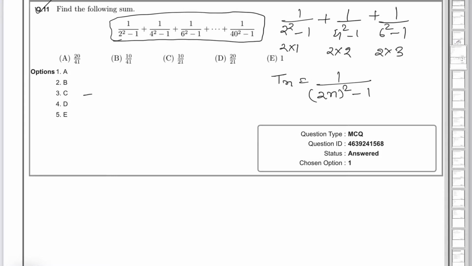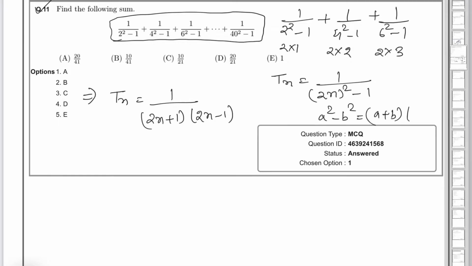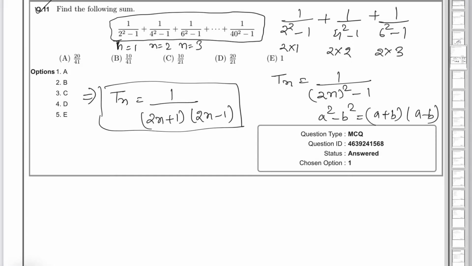And if we break this general term, it can be written as 1 upon (2n plus 1) into (2n minus 1) by this formula, a square minus b square is equal to (a plus b) into (a minus b), right? So if this is the general term, then here n's value was 1, here n's value is 2, here n's value is 3.